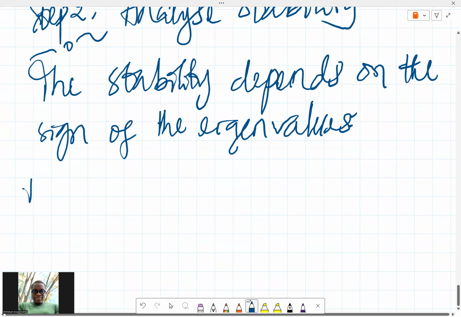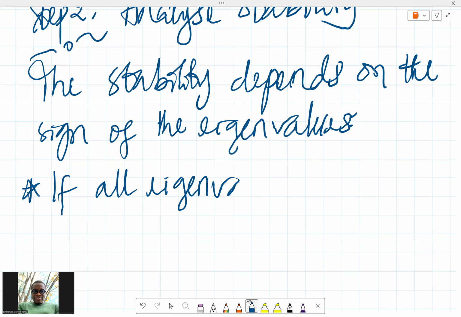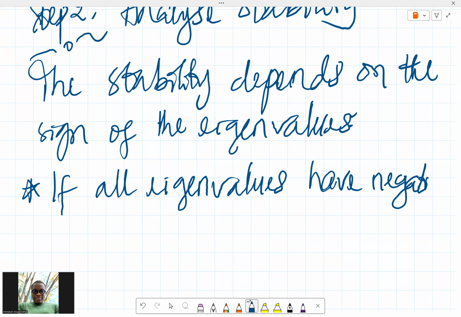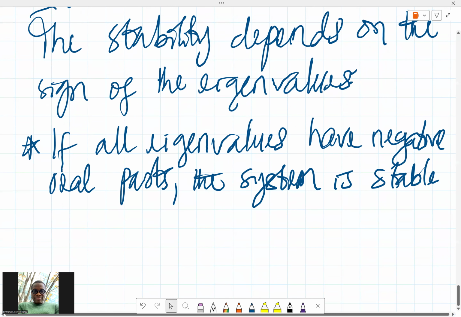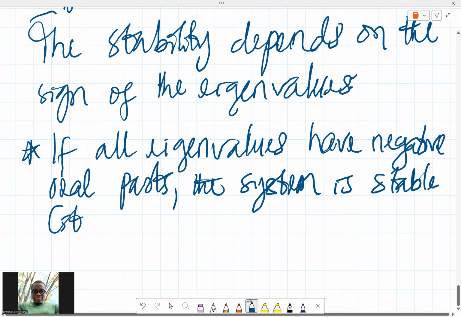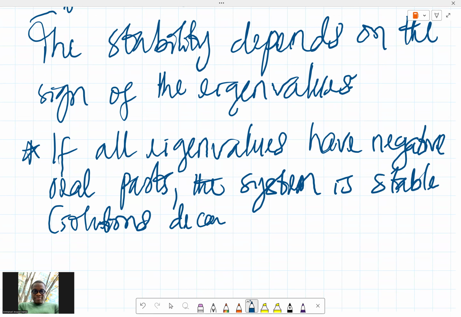Number 1, if all eigenvalues have negative real parts, the system is stable. What that means is that solutions decay to equilibrium. So that negativity is needed for solutions to decay to equilibrium.